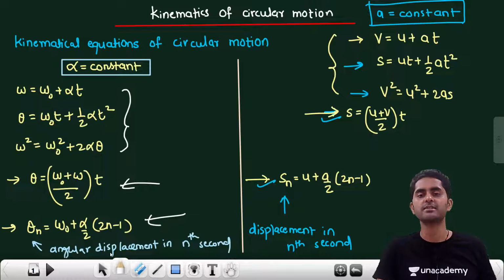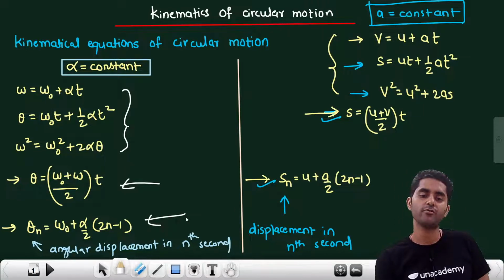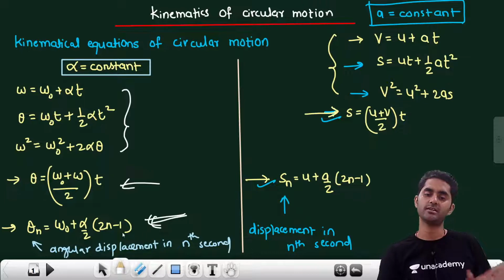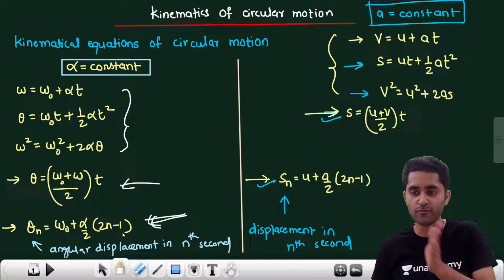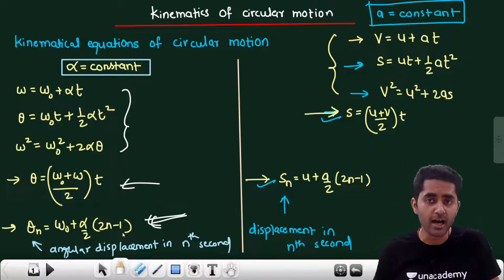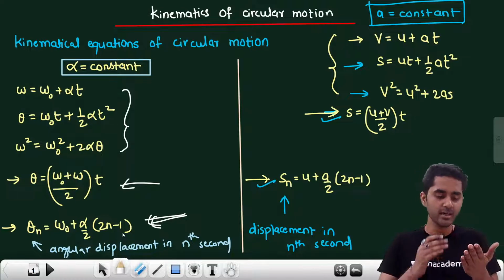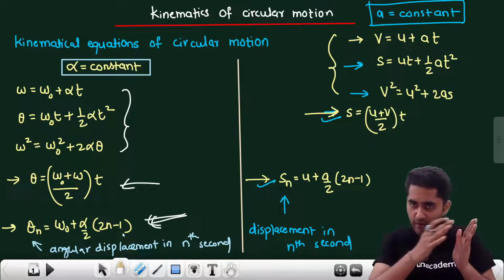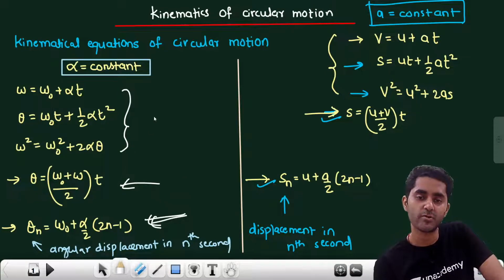So if it is asked displacement in fifth second, you have to put n is equal to 5 in this last equation and then solve. You will get the displacement in fifth second, that is from 4 second to 5 second. But if it is asked displacement in 5 seconds, that means he is asking displacement in all the 5 seconds that was spent. So then you have to use the second equation.